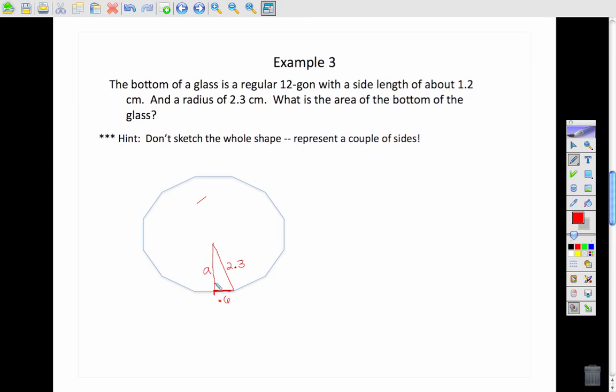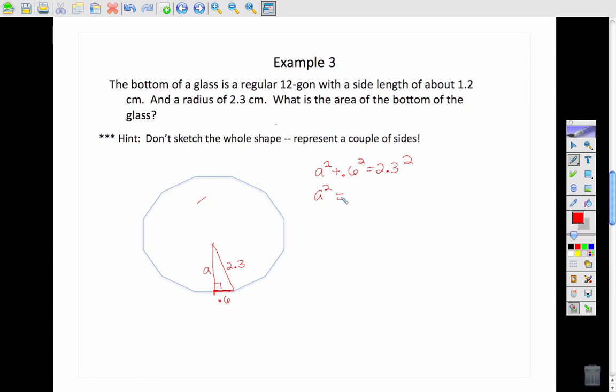Alright, so I know that that radius is 2.3, and I just need to find the apothem. I have a right triangle, so this time I don't need to use the trig function because I have two of the sides already. So I can just use the Pythagorean theorem. And let's see if we can do this. So I would say a squared plus 0.6 squared is equal to 2.3 squared.